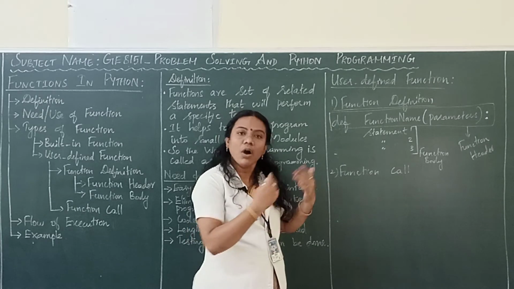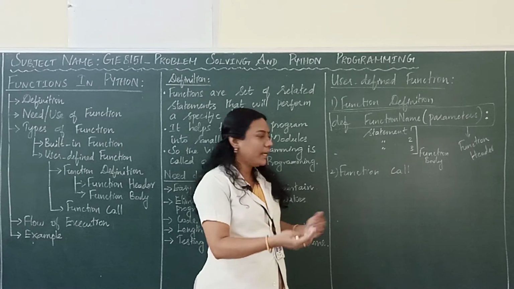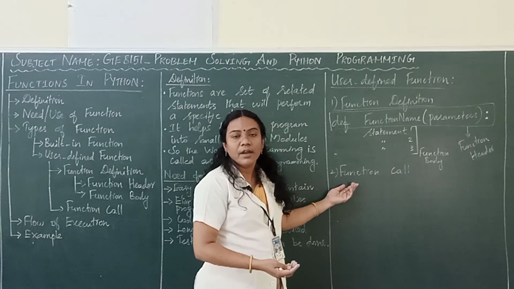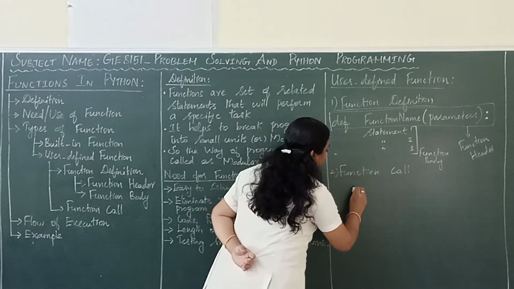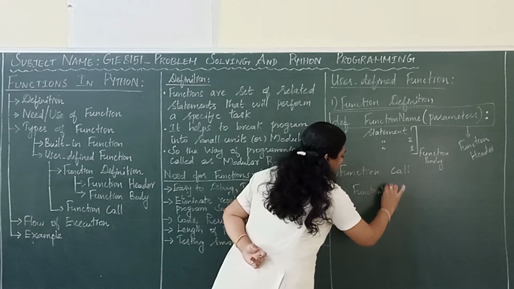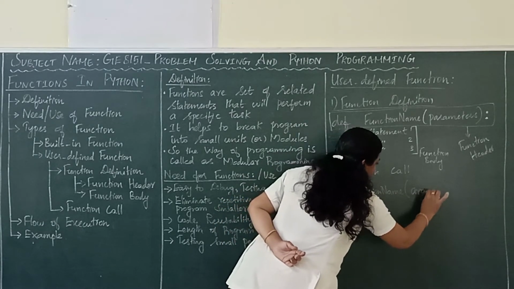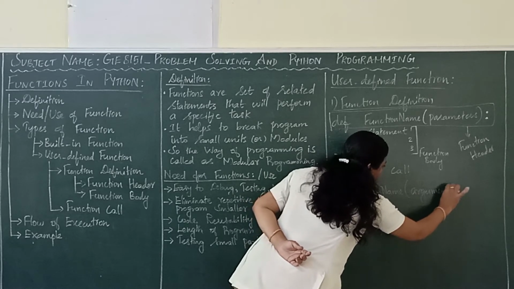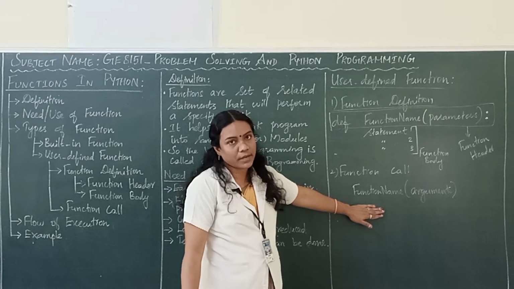So in order to make a function to be executed, we are using the second component, function call. The syntax for function call is simply you need to mention the function name followed by arguments, that's all.